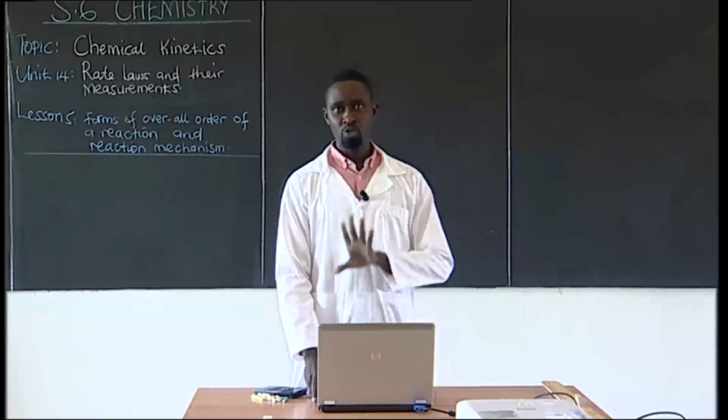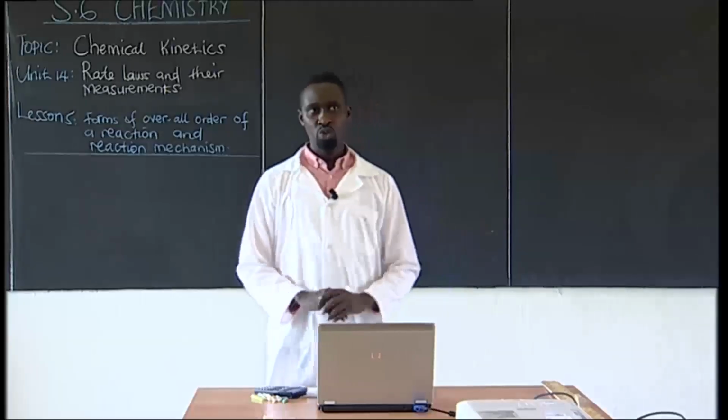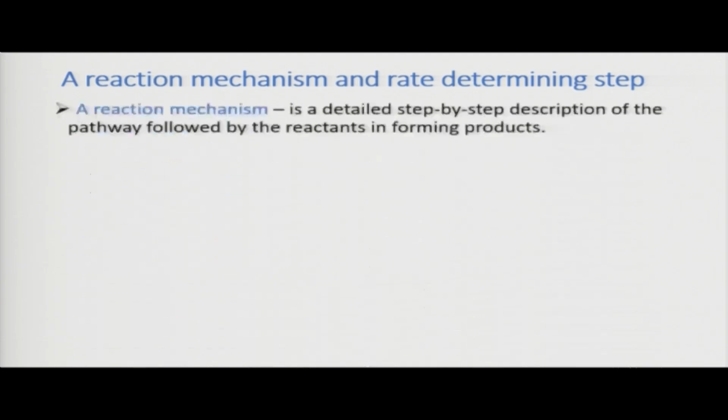So let's go to our objective 2, reaction mechanism and rate determining step. When we say reaction mechanism, what do we imply? Since you've already looked at organic, you perfectly understand the reaction mechanism.